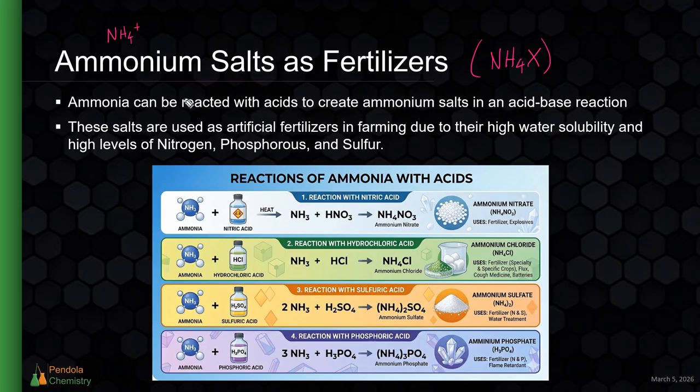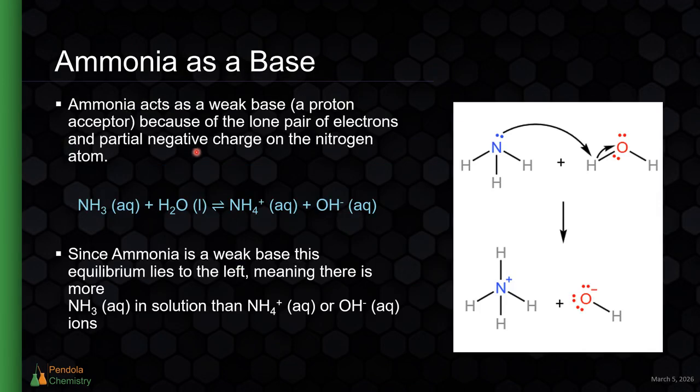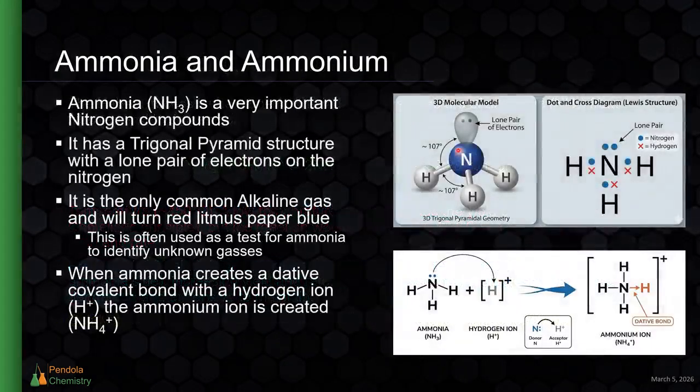But ammonia itself can react with acids to create ammonium salts in an acid-base reaction. Like we said, ammonia can react with acids to pick up a hydrogen ion from those acids, creating the ammonium ion.